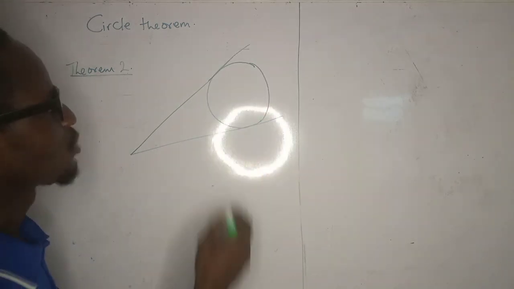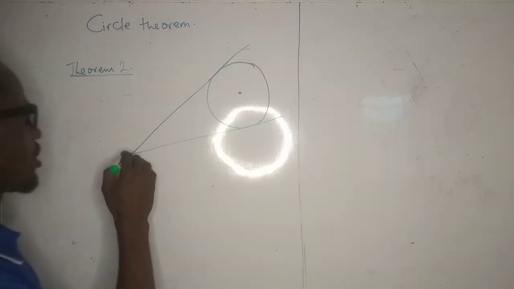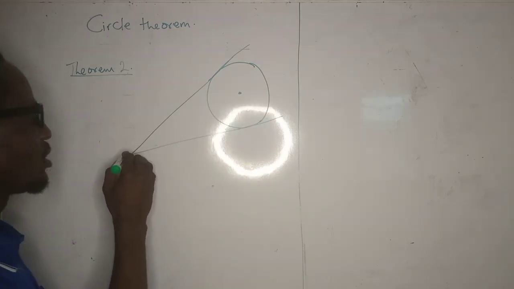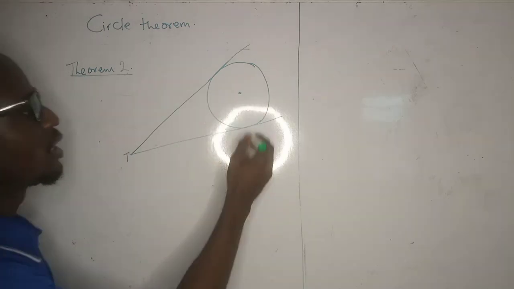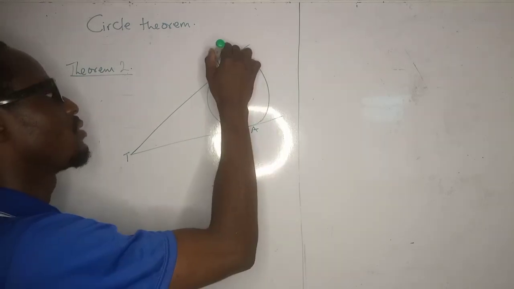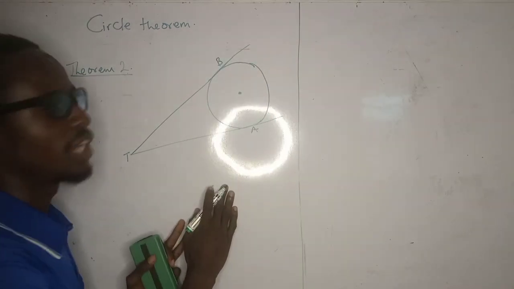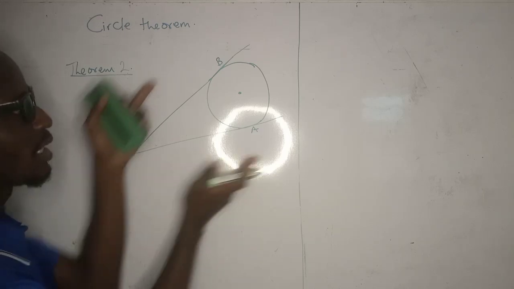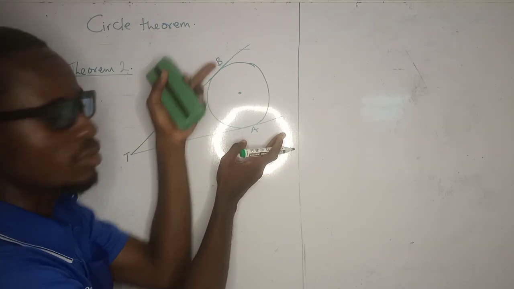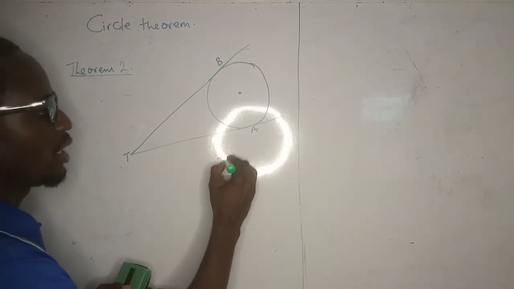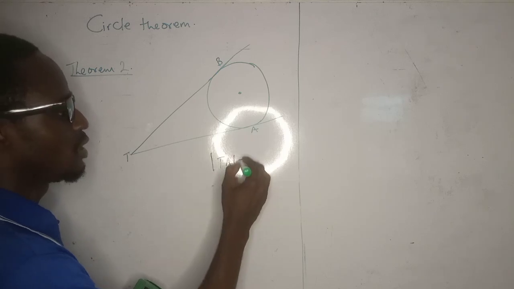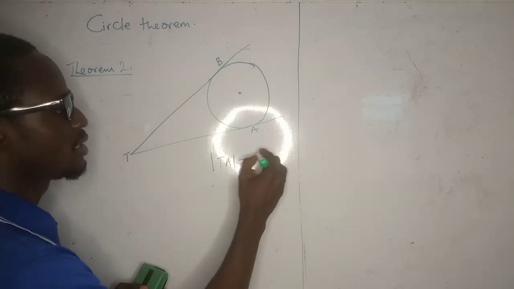What the theorem is trying to tell us is that these tangents meet at the same point. Let's say that is T, then you have this to be A and this to be B. So the theorem tells us that the lengths of the tangents are equal, so far as they meet at the point and they are touching the same circle. Which means TA is the same as TB.